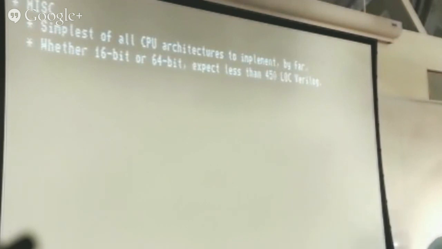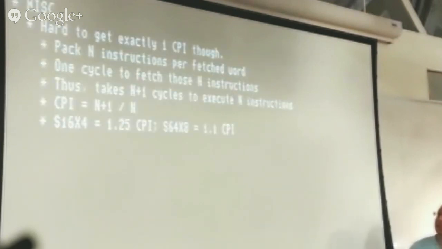That's its core advantage. It has some issues with it. One of which is it's hard to get exactly 1 clock per instruction, or better than 1 clock per instruction. And that largely stems from its simplicity. You can pack n instructions per fetched instruction packet, however big that packet is. That takes 1 cycle to do.